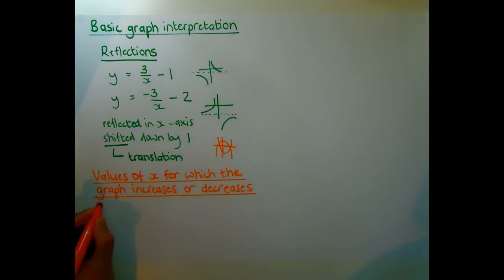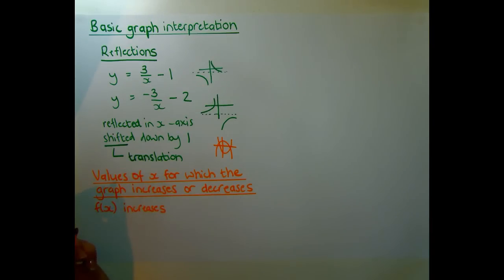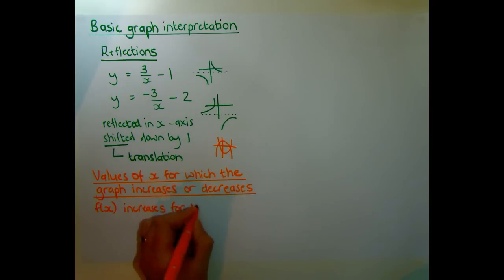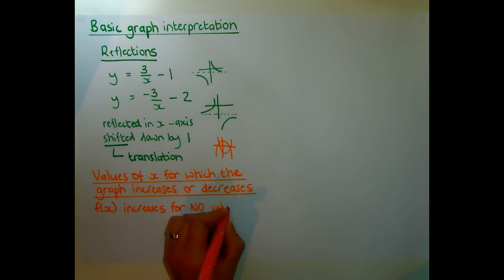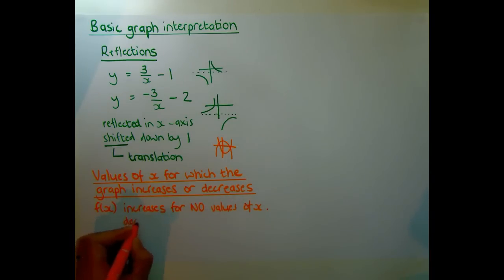I can say f of x increases for no values of x and decreases all the time. So if they ask both, I would say for no values of x, it decreases all the time for all values of x except at the asymptote.